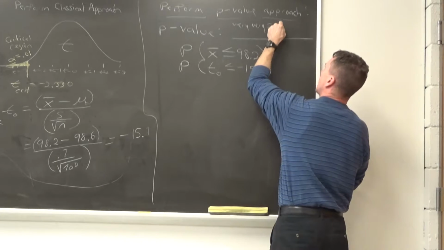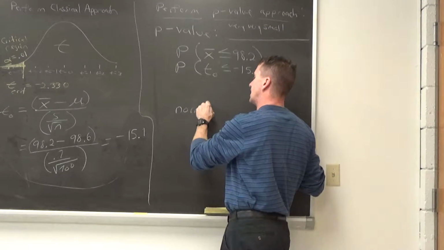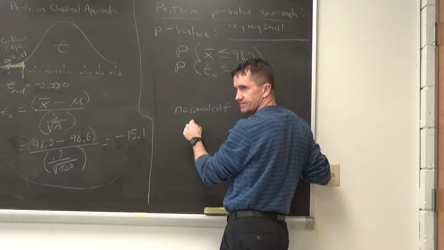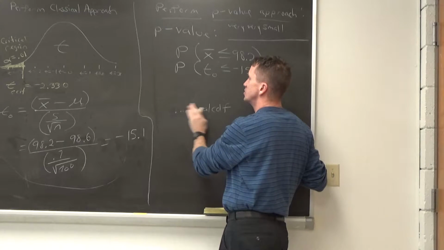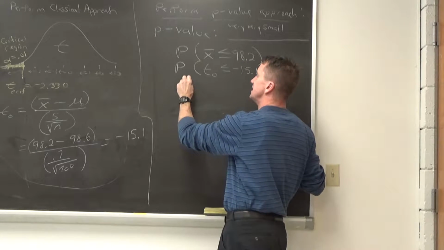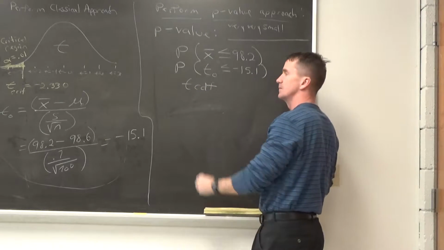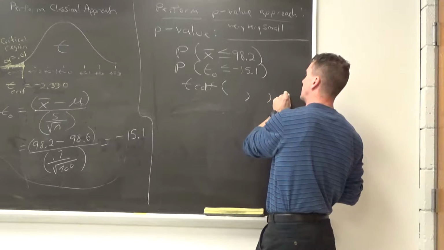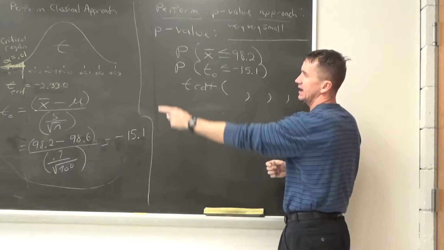Very, very small. So how do I do this on a calculator? Do you remember we always used normal CDF on the last test? Well, that dealt with z-scores. We're now doing t-scores, so we're going to use something called TCDF. Now, does everyone remember the things we always had to do? Was it 1E99 or negative 1E99?